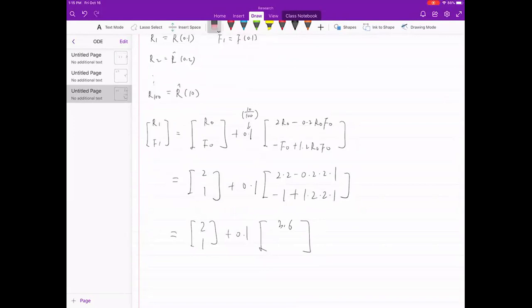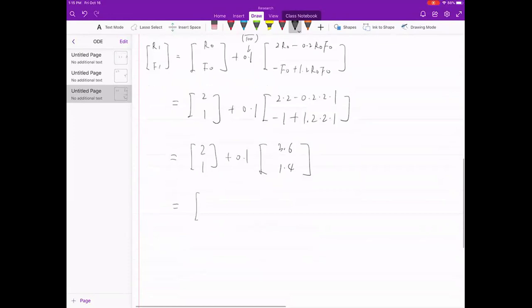No, 1.2. 2.4, so that's going to be 1.4. Together, it's going to be 2.36, 1.14. That is going to be R1, F1. That's going to be what happens if we use the approximation using the differential equation, starting from 2, 1 and after 0.1 years. This is our approximation.